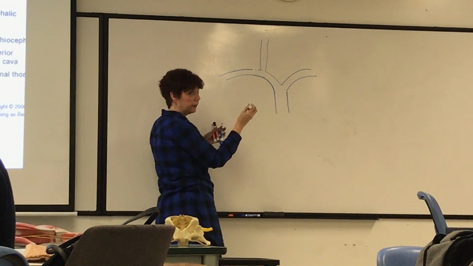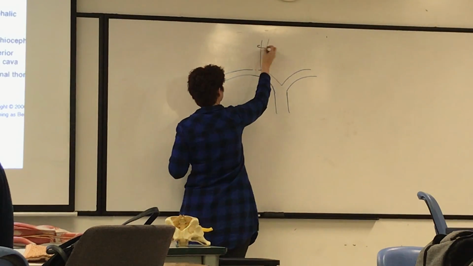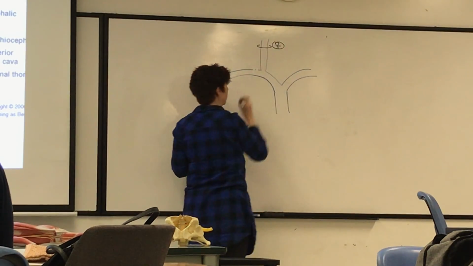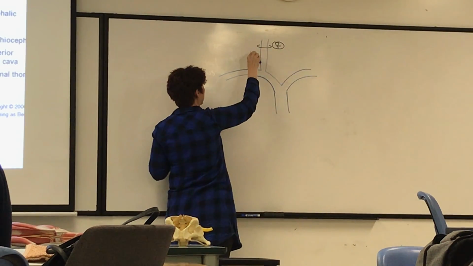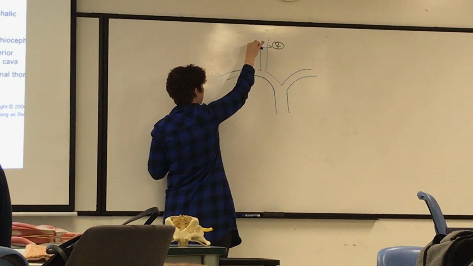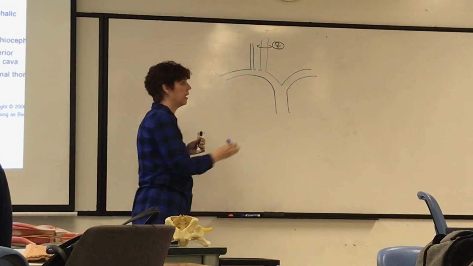So what was our number for internal jugular? 7. Okay, so I'll just remind us. That's internal jugular, and external jugular was 12. So external jugular does not join with the internal jugular at all.